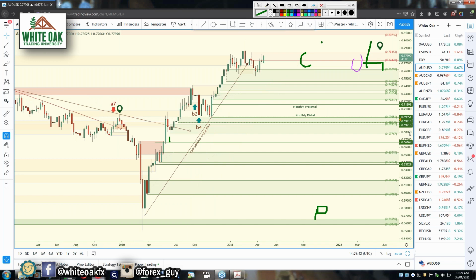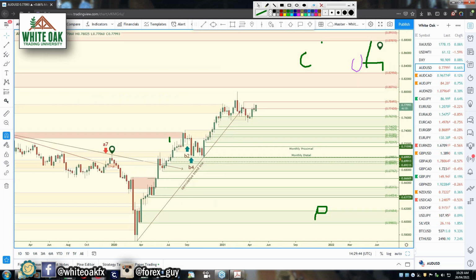I'm seeing the potential for that to happen. And then you'll have a trend line, and then you'll have an uptrend like that. And then we could see this and that on the weekly.